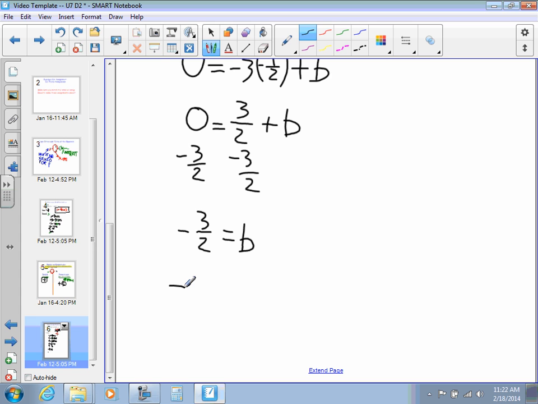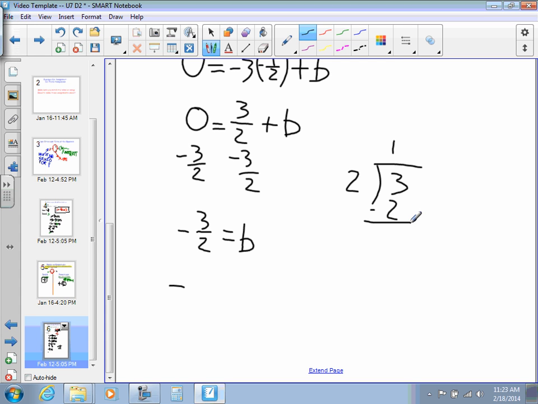So now, usually as a y-intercept, we're going to want the mixed numeral because that would be easier to graph. So let's go ahead and I'll show you the full process. I know it's going to be negative, so I've put that in already. And then I've got 3 divided by 2, the top of the fraction divided by the bottom of the fraction. When I do that, 2 goes into 3 one time. 1 times 2 is 2.